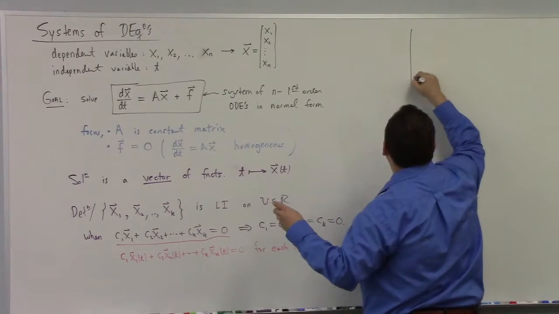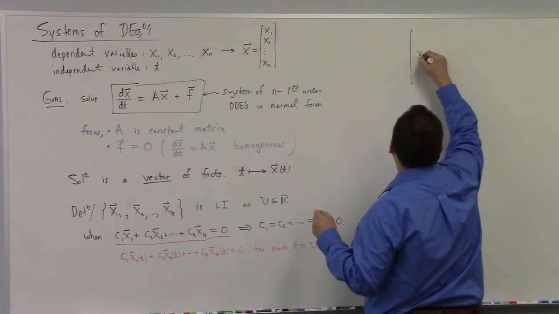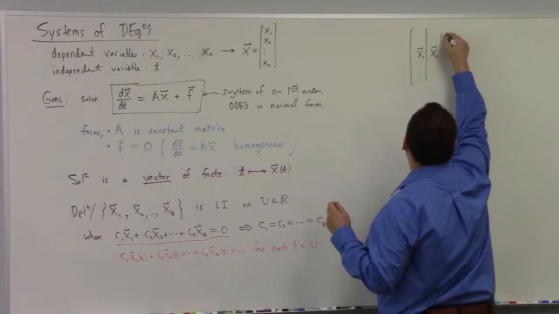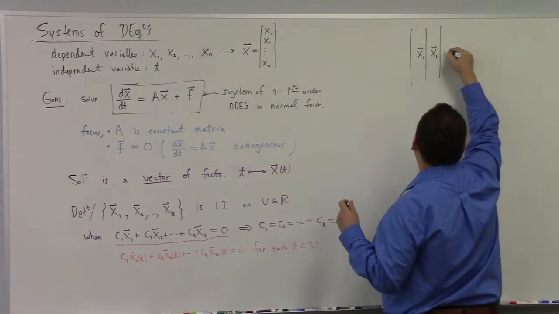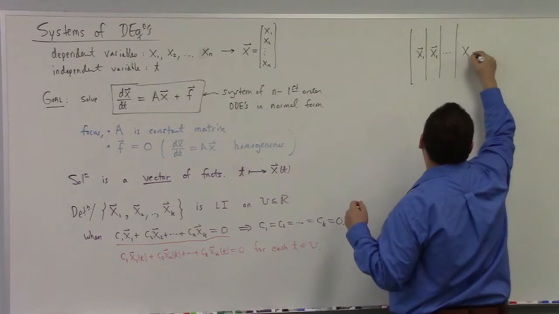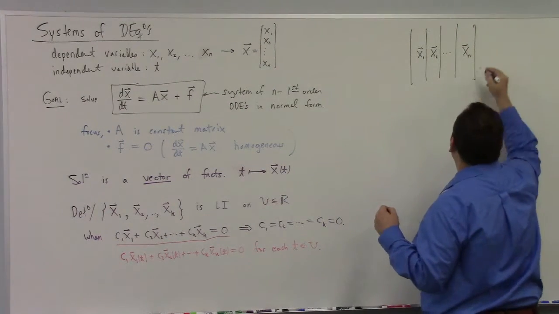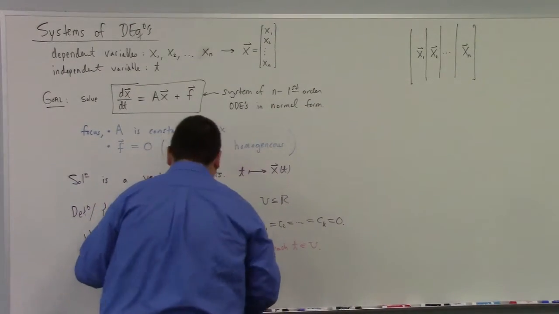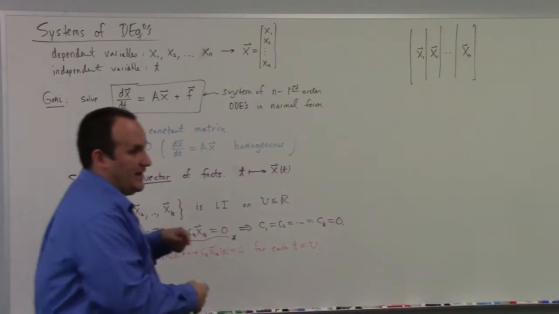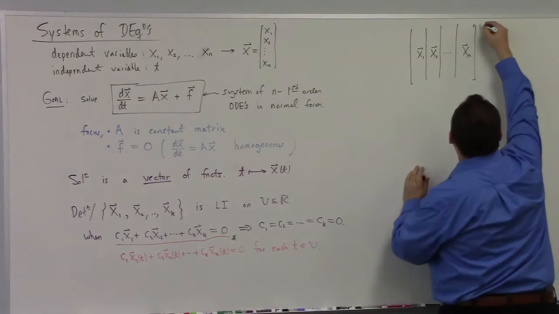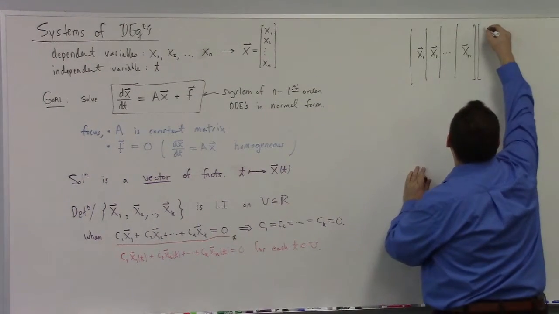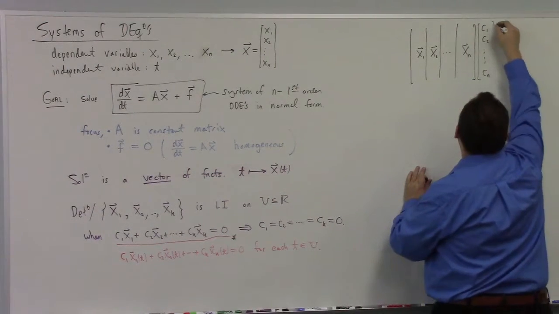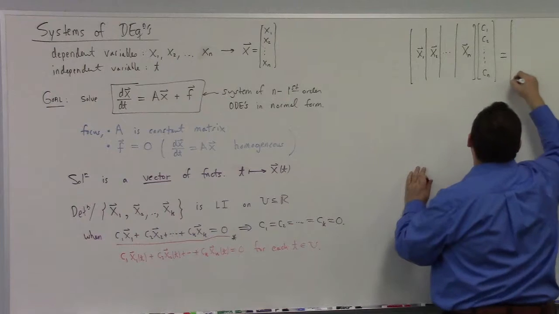That can be rewritten as x1 glued together with x2 and so forth, glued together with xn, times, let me give this thing a name, star, C1, C2, Cn equal to 0, 0.